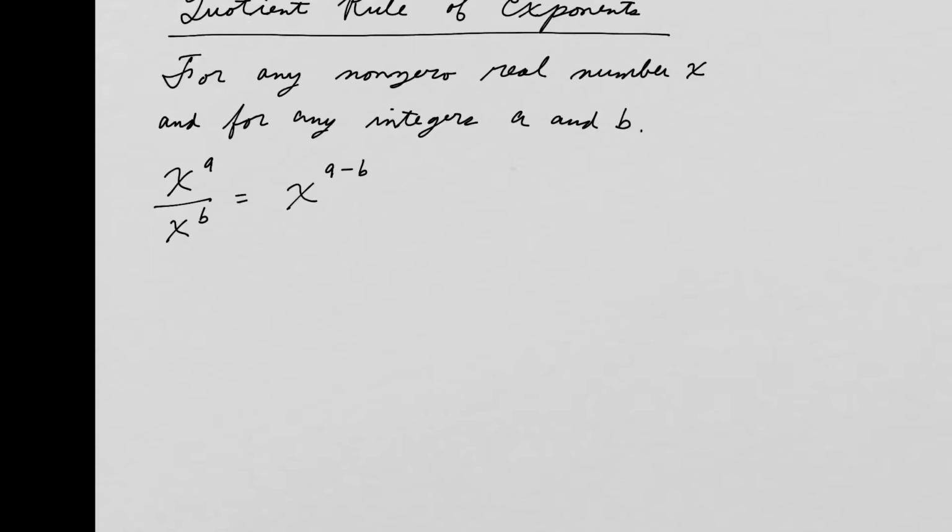So it would be x to the a minus b. You would subtract the exponents.